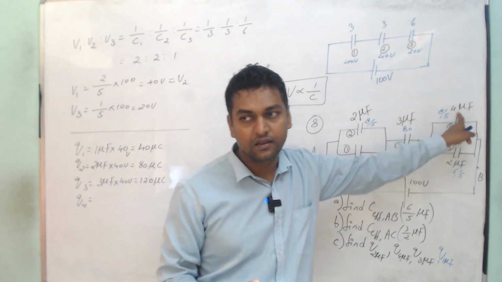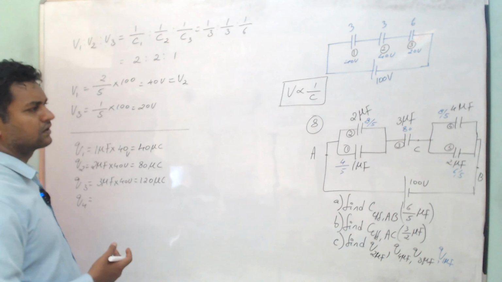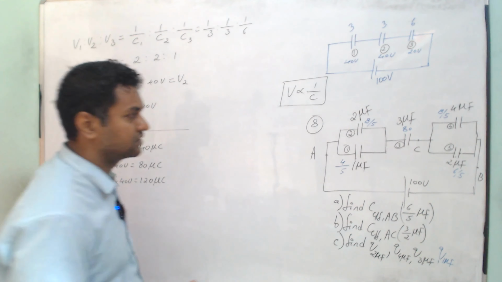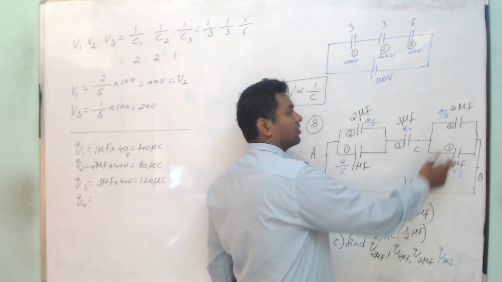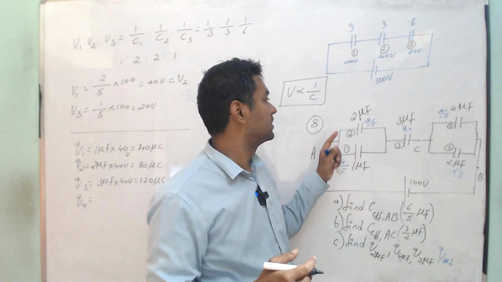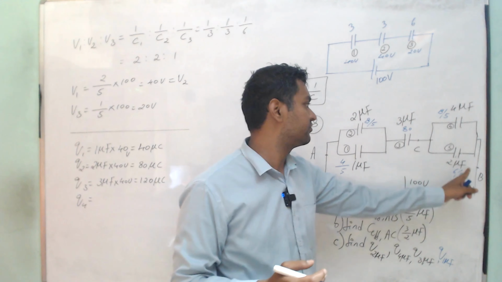I thought you were doing the down one, sir. Anyway, this is 2 microfarad, combination is 6. 1 microfarad, 2, 3, 4, 2.